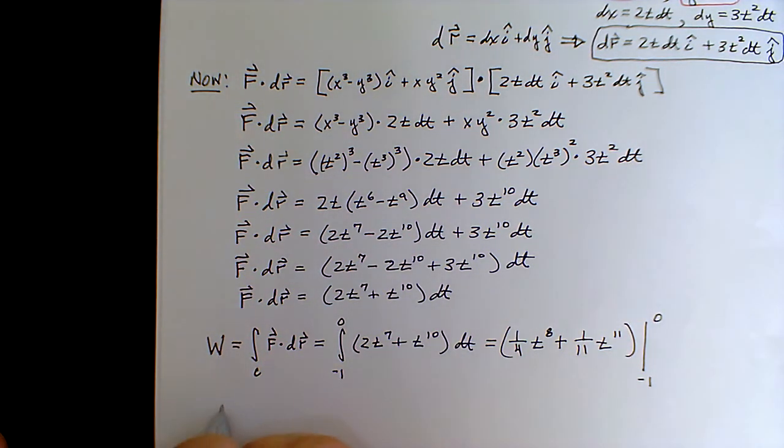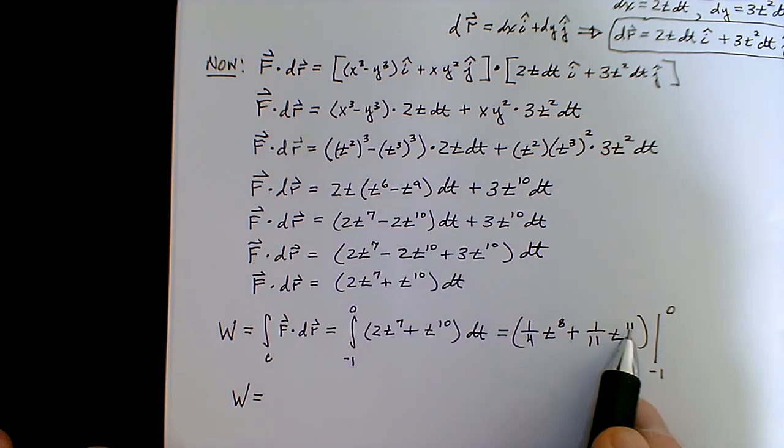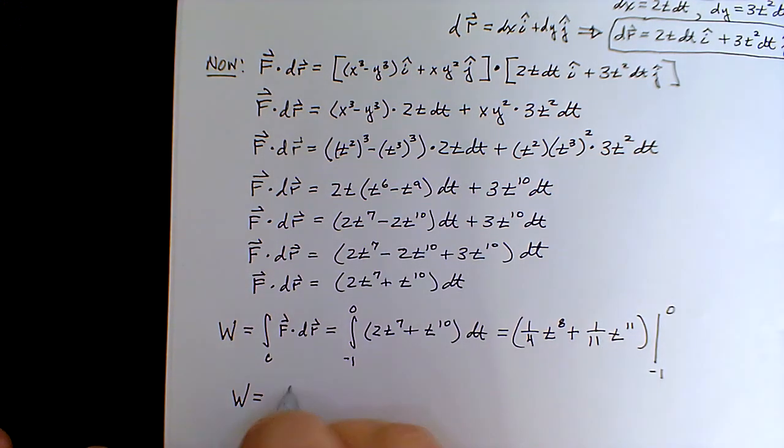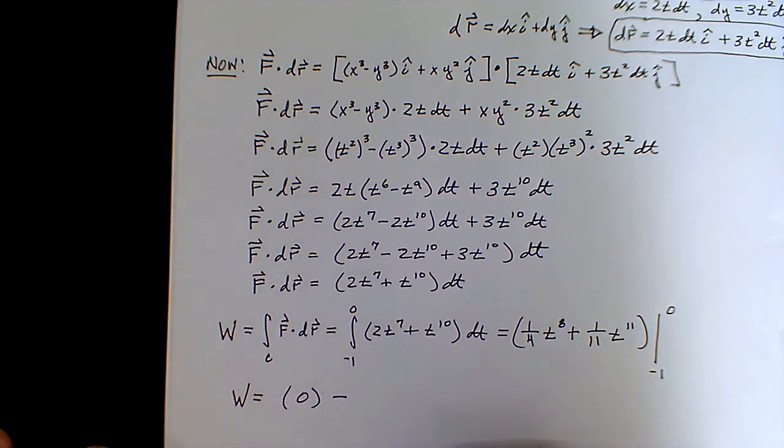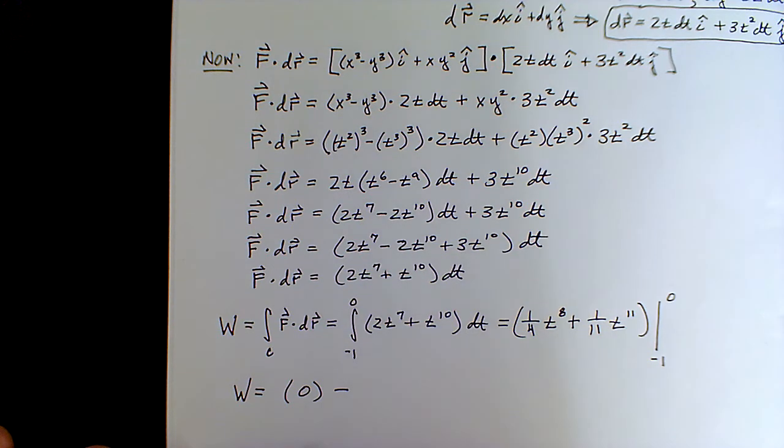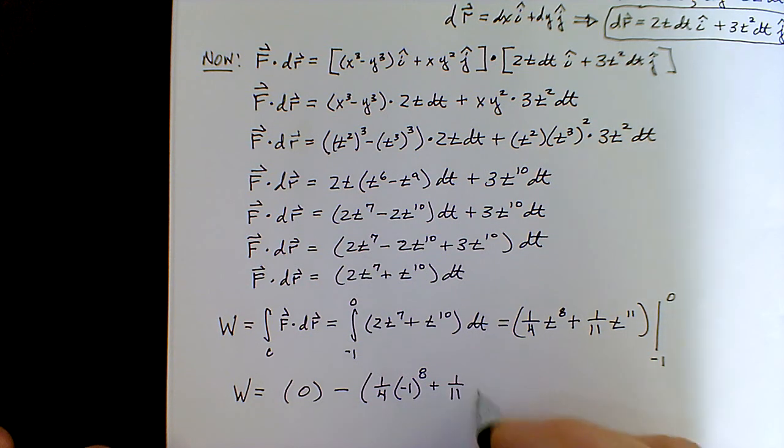And then we plug in the upper limit of integration, and we just get a big 0 because t is a factor and t is 0. And then the lower limit of integration is -1. So here we've got 1/4 times -1 to the 8th plus 1/11th times -1 to the 11th.